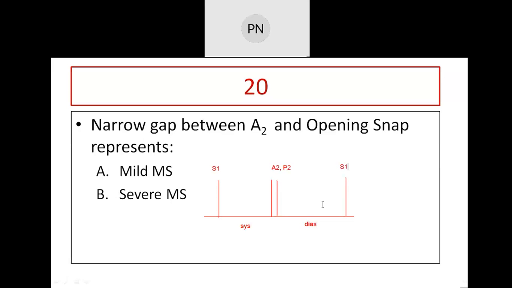Now the murmur of mitral stenosis is mid-diastolic and a rumbling murmur. So the murmur typically starts with an opening snap. A point comes when the valve snaps open and then starts the murmur. Then the murmur starts as a rumbling sound and it keeps on continuing towards the end of the diastole.